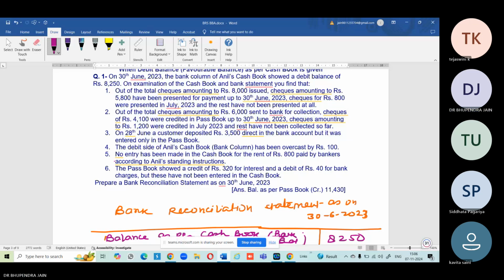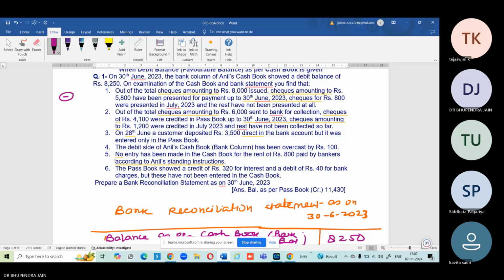Out of the total checks issued, the company issued checks worth rupees 8,000. It may be 3 checks, 4 checks, 5 checks. So whenever the company issues a check, what will the company do? Subtract the balance of the bank in the cash book, because the entry is party account debit to bank. So the company has subtracted the balance.